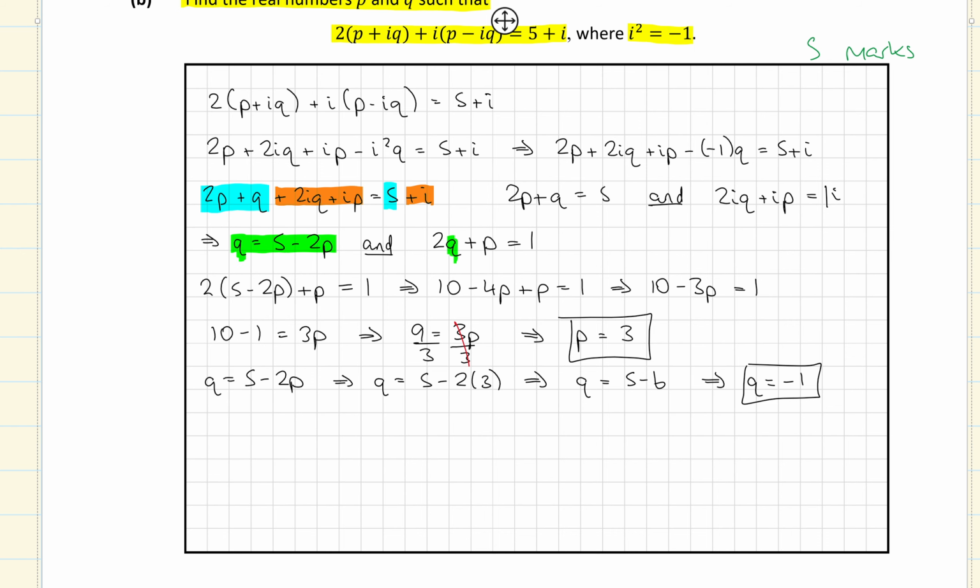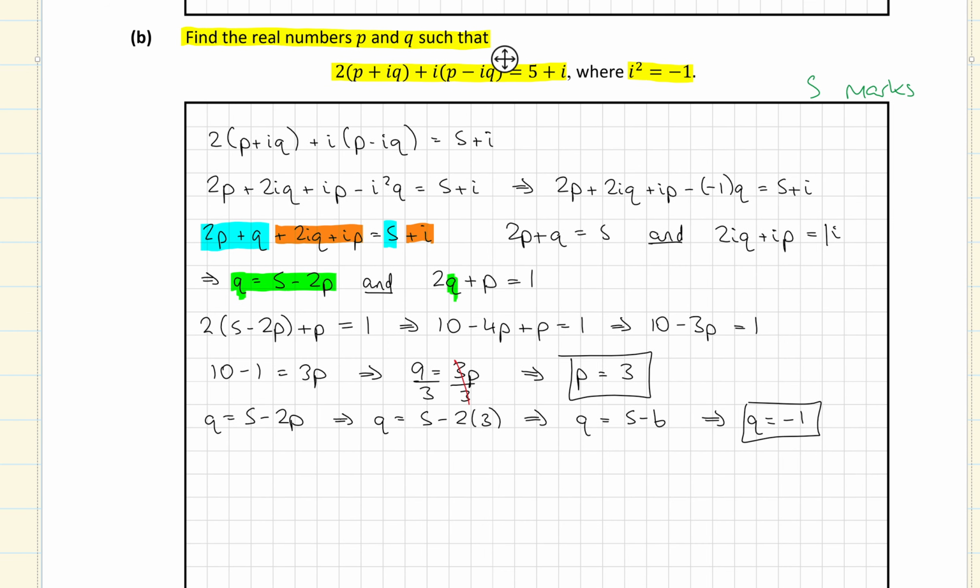So just to come back up to the question, they had asked us to find the real numbers p and q such that 2 times p plus iq plus i times p minus iq, the part we multiplied out, equals 5 plus i. So just to double check your solution at the end, you just want to sub in.